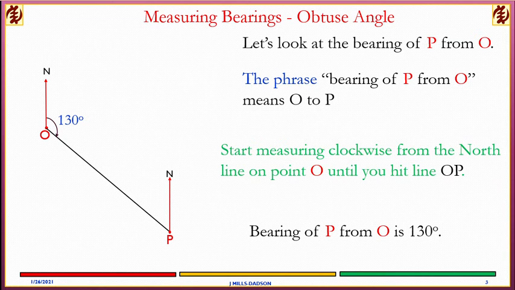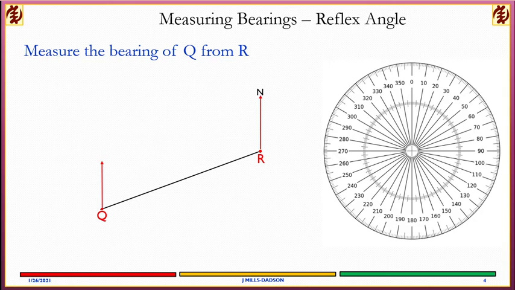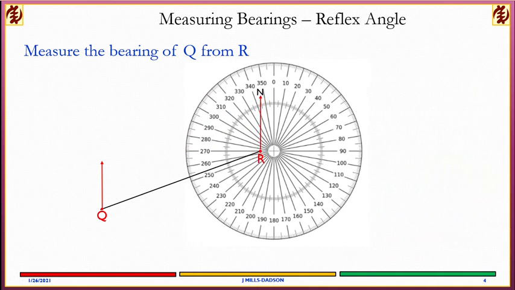Let's look at another example. Measure the bearing of Q from R. The keyword from means R to Q. So you go to point R. That's the north line. Start measuring in a clockwise direction until you hit the black line that connects Q. As you can see, this angle is reflex, so you need a circular protractor.